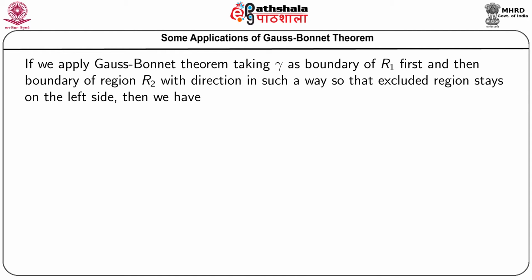Now, if we apply Gauss-Bonnet theorem taking gamma as the boundary of R1 first, and then the boundary of region R2 with direction in such a way that the excluded region stays on the left side, we are considering the orientation in this way.